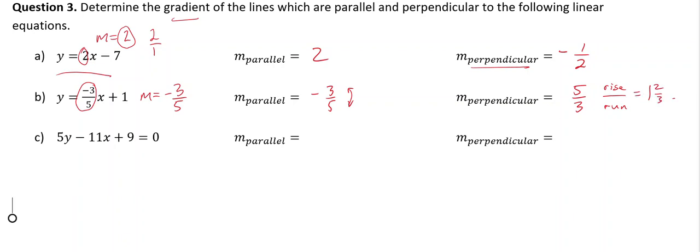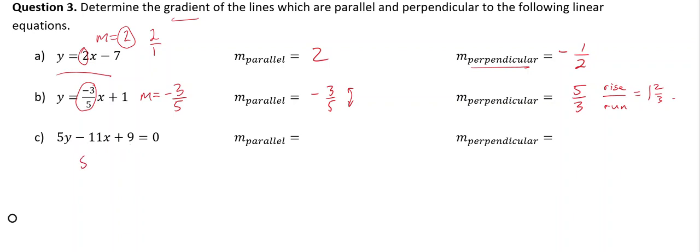Okay. Now, if we look at the last one, again, we've kind of got it in general form. But what we want to do is change it to the gradient intercept form. So again, we look at it and we say, okay, we want to get y by itself on one side of the equation. What's happening to y? It's getting times by 5, then having 11x subtracted from it and 9 added to it.